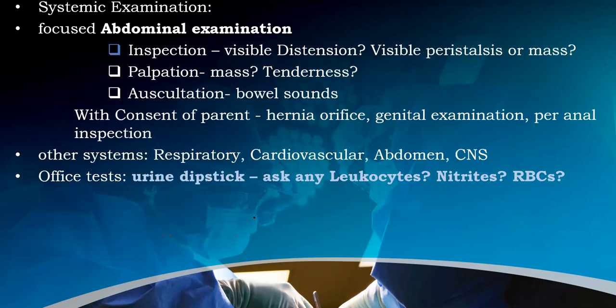Then for systemic examination, what do you want to do? You will say, I would like to do the head to toe systemic examination, but I would like to focus on the abdomen. On inspection, is there any visible distension, any visible peristalsis or mass? On palpation, is there any palpable mass, any tenderness?